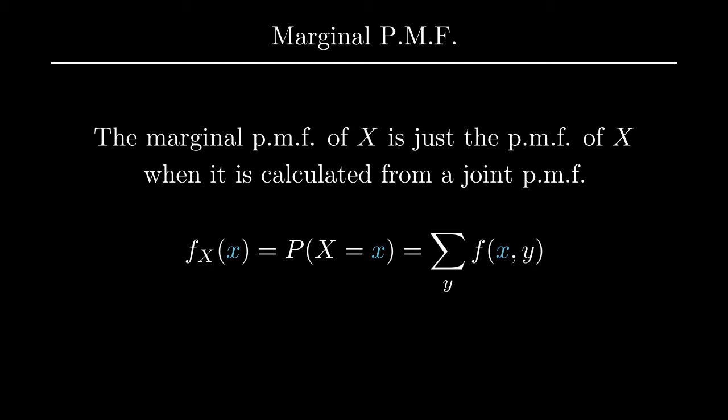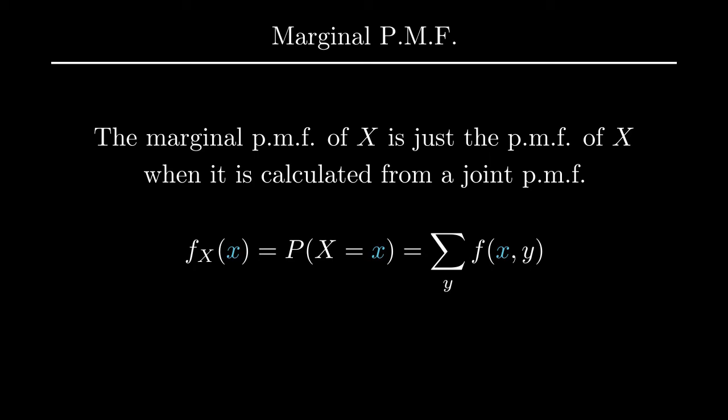in this case Y. Just to untangle this formula a bit, this little x refers to the value at which we are evaluating the PMF, whereas this little y is a variable that we are summing over.